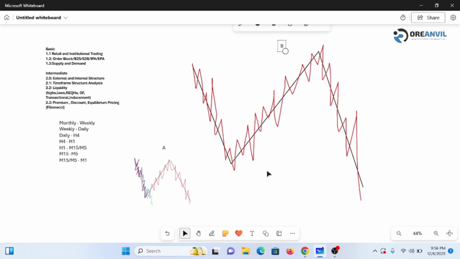But a lot of people will not understand which is objective and which is subjective. What they do is they go ahead and begin to force this B to look like this A, because this is the actual way the market moves. This is how the market is actually configured to work.